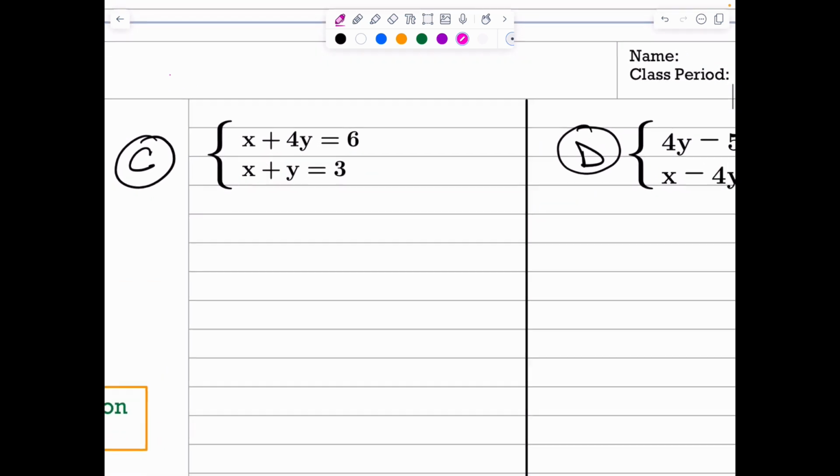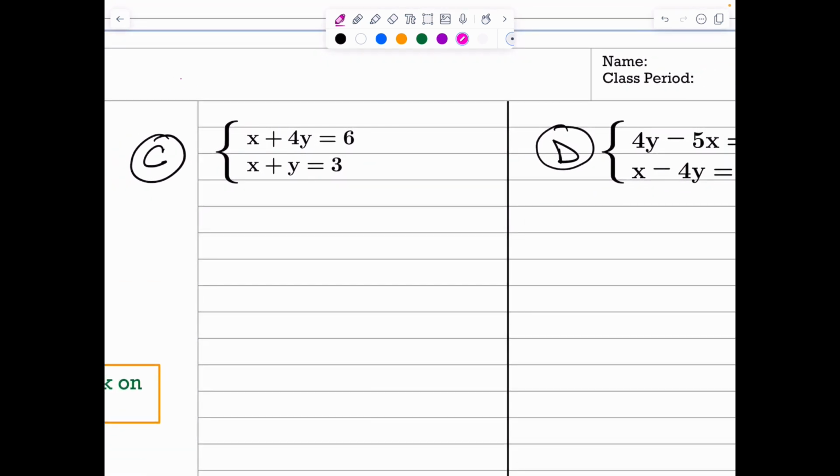And here again, we're going to use substitution. And this time I'm going to solve them both for x, because that looks to be the easiest thing to do. I just move that 4y to the other side on the first equation, and on the second equation, I'm going to push y to the other side.